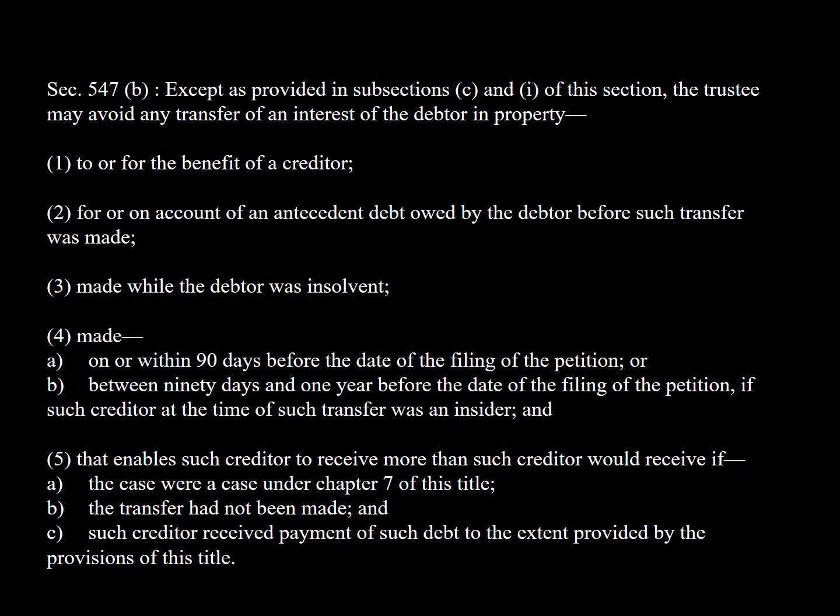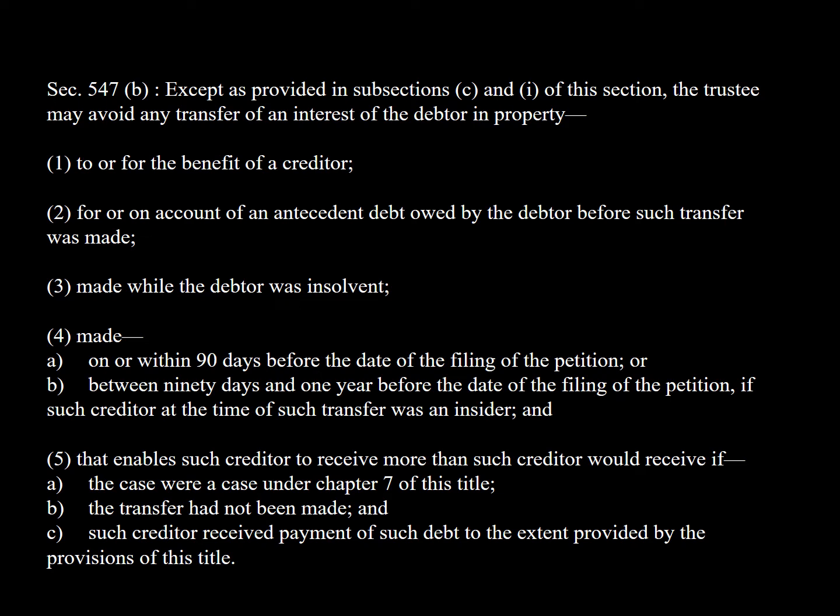This is the statute, 547(b). This is the laundry list that the plaintiff has to prove again. The takeaway here is that, all this can be argued about, but in most cases, it's not that hard to prove this laundry list.